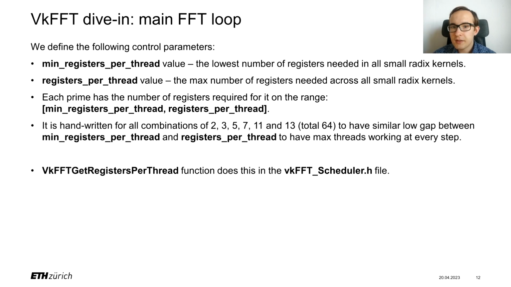It is all handwritten for all combinations of primes from 2 to 13, total 64 combinations, to have similar low gap between mean registers per thread value and registers per thread value. So this results in having maximum number of threads working at every step. All this decision making is performed in the VkFFT scheduler header file.